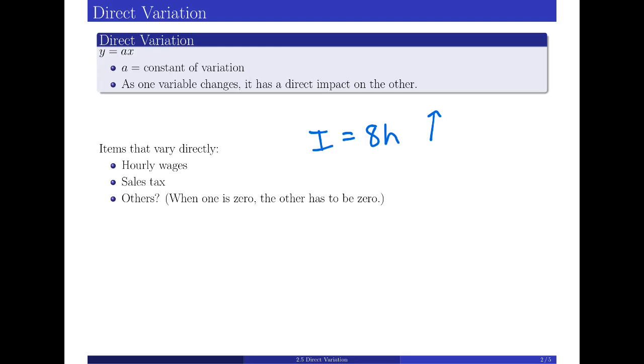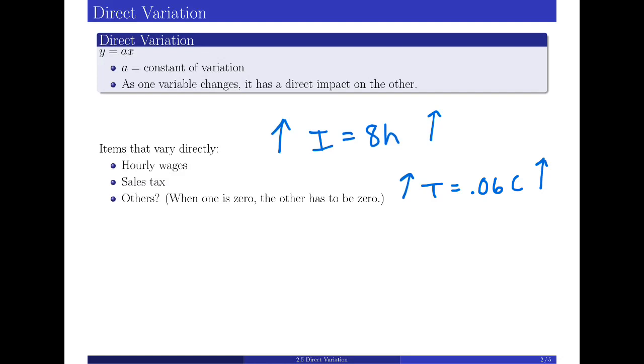Increase the number of hours you work, your income's going to increase. Or sales tax on an item. The amount of tax you pay on something, I don't remember, is it 6% or something like that? 6% times the cost. So again, if you increase the cost of an item, the sales tax is also going to increase. That's a direct variation relationship there.